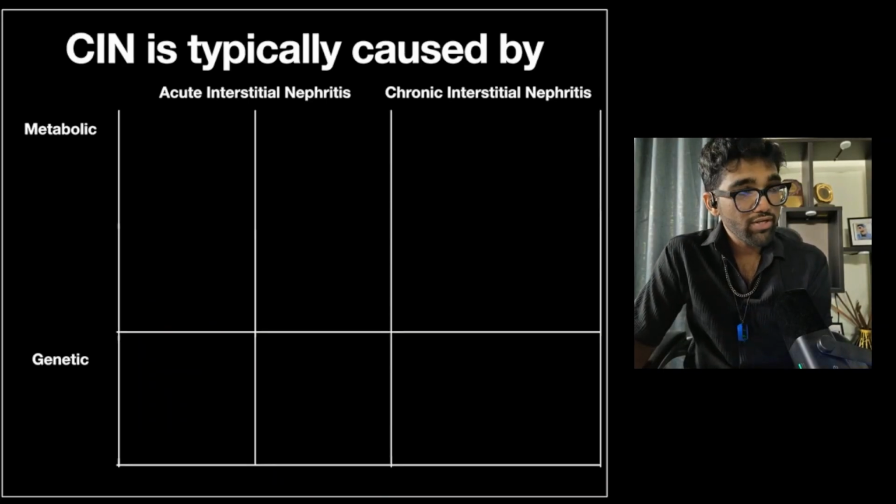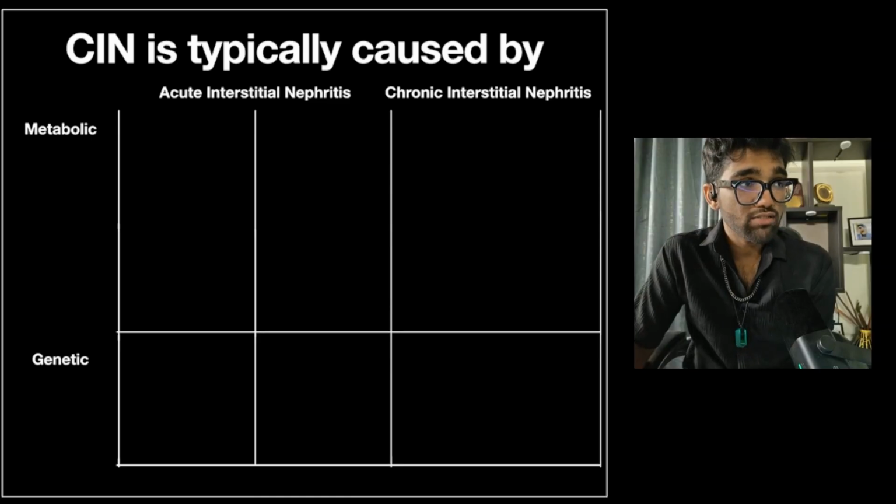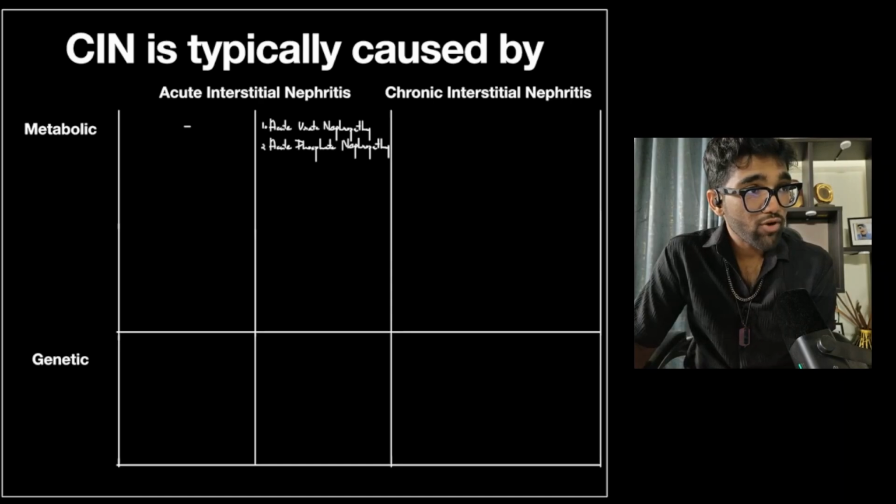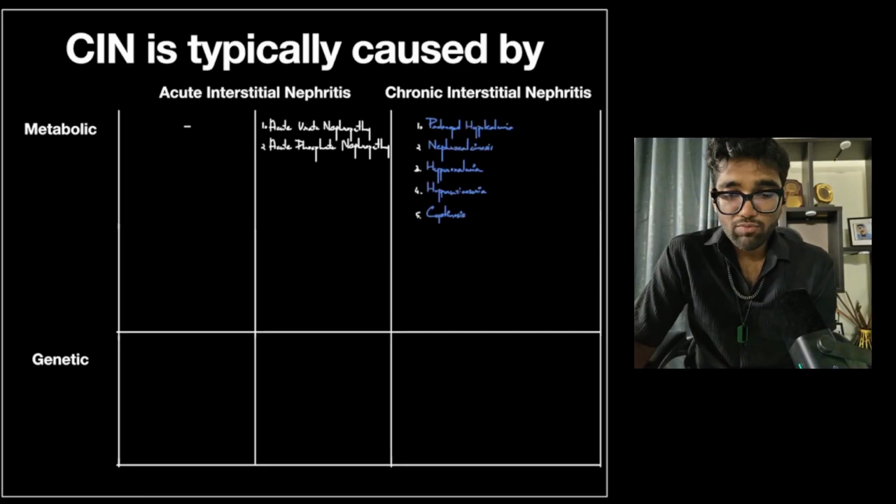What does cause chronic interstitial nephritis are metabolic disorders and much less frequently genetic disorders. By metabolic disorders, I mean the deposition of crystals, that is urate crystals and phosphate crystals, within the tubules of the kidney, and that can cause secondary obstruction of the lumen with the process that I've discussed previously.